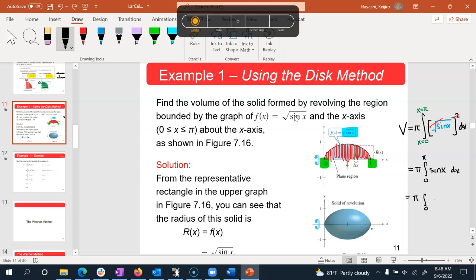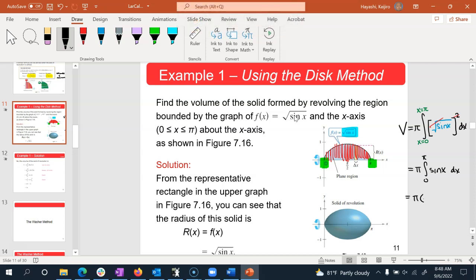Right, and if you integrate, you don't write the integration symbol anymore. You write an evaluation bar. So the integral of sine of x just is negative cosine of x. And remembering that the pi is in front, you're going to evaluate that from 0 to pi.